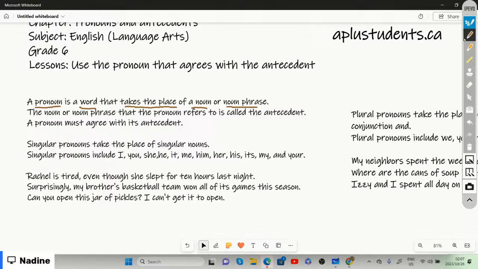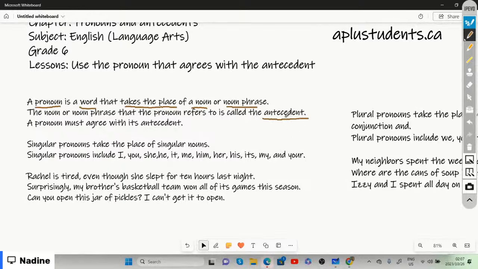So that is the pronoun. Instead of saying the person's name all the time, you can just say her or him, and so on. And the noun or noun phrase that the pronoun refers to is called the antecedent.